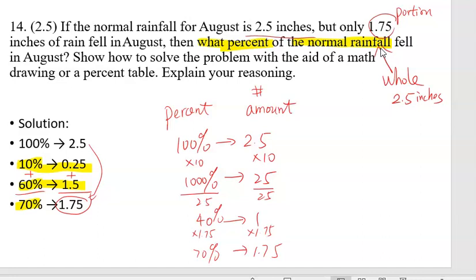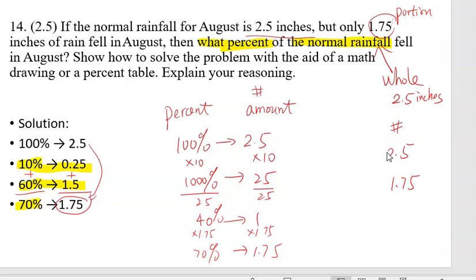Okay, so when we start, I have two different solutions, but when you start, you can write down the number amount. We have two numbers, so I'm just going to put 2.5 and 1.75 here.